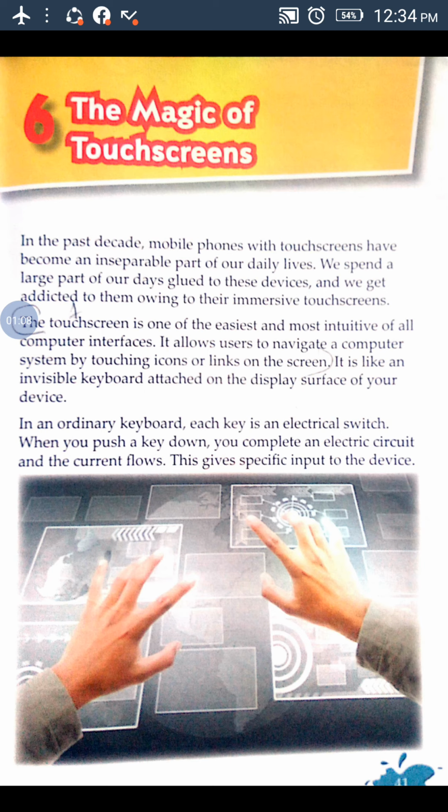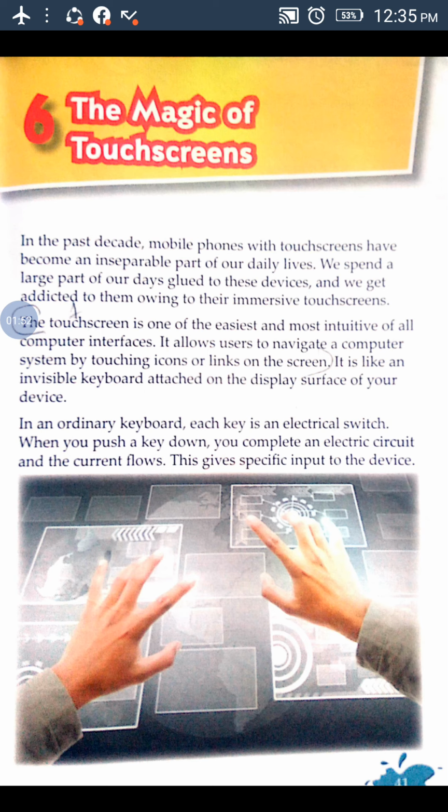Touch screen is one of the easiest and most intuitive of all computer interfaces. It allows users to navigate a computer system by touching icons or links on the screen. We can navigate any part, whatever we want, by just touching the icons and the links on the screen.